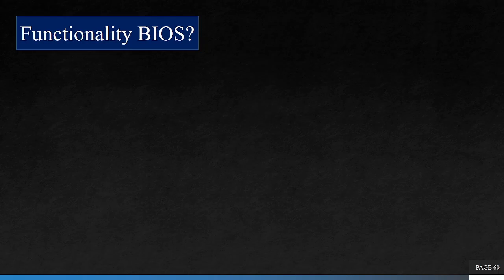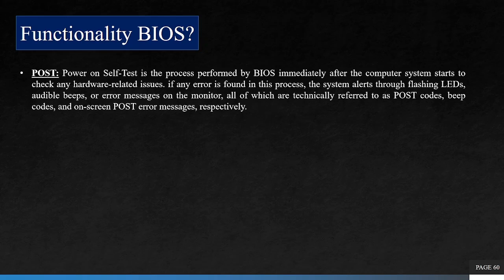The first functionality of the BIOS is POST. What do you mean by POST? POST means power on self-test that we have discussed. It is the one which represents the beep indication. Although you might be having a laptop, over the laptop you have two or three LED lights. One is constantly blinking and one is steady, right?